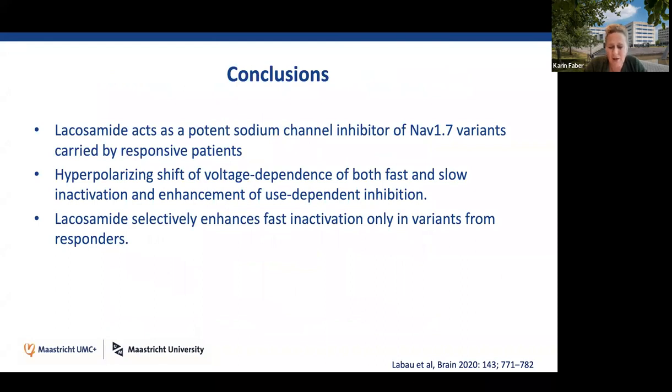Lacosamide selectively enhances fast inactivation only in variants from responders. So while fast inactivation seems to be the parameter that discriminates the responders from the non-responders, the effects of lacosamide on slow inactivation and use dependence might also be required for complete and sustained pain relief.